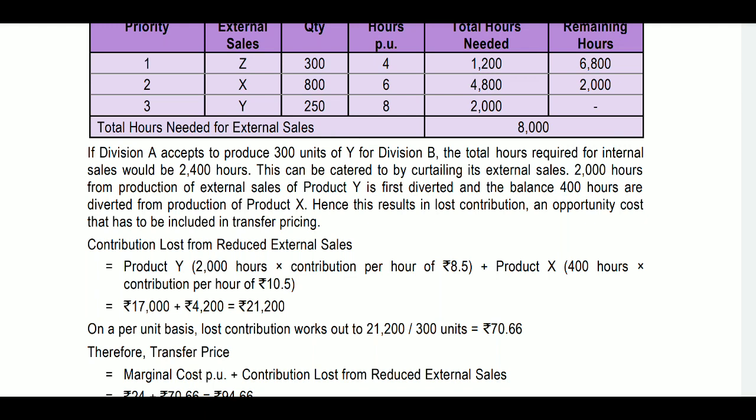The 400 hours we will take from X timings. For X timings we will lose that 400, so the contribution will be 10.5. 400 hours into 10.5, so 17,000 plus 4,200, that is 21,200. This is the per unit lost contribution workout. So total 21,200 divided by 300 units, 70 rupees 0.6.